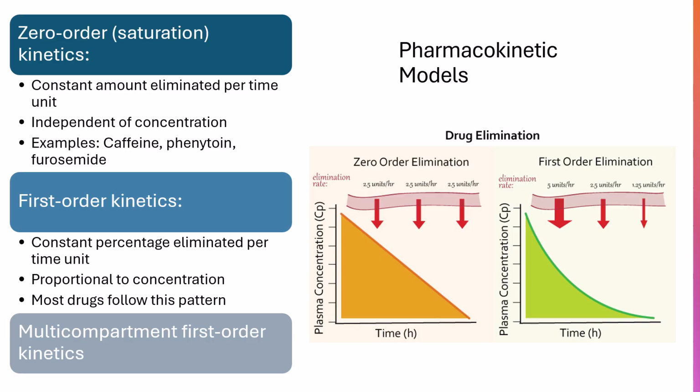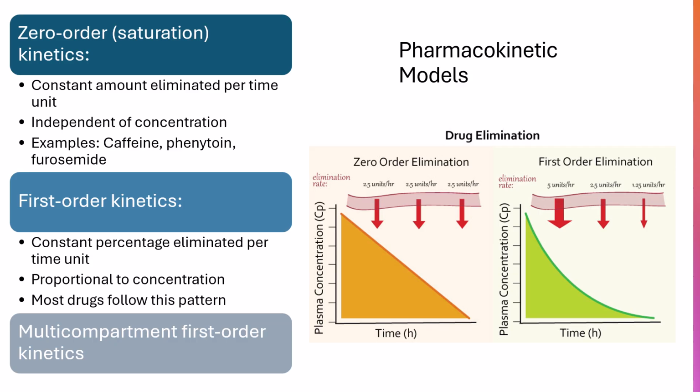Pharmacokinetic models help us understand how drugs are eliminated. In zero-order, saturation, kinetics, a constant amount of drug is eliminated per time unit, regardless of concentration. This happens when metabolic pathways become saturated. Examples include caffeine, phenytoin, and furosemide in neonates.